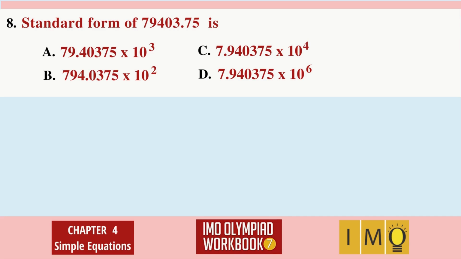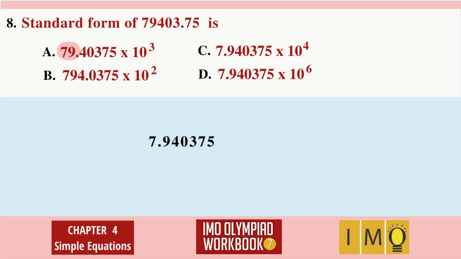Next, question number 8. Standard form of the number 79,403.75. When a number is in its standard form, we know that the first number should have the decimal point placed after a single digit.